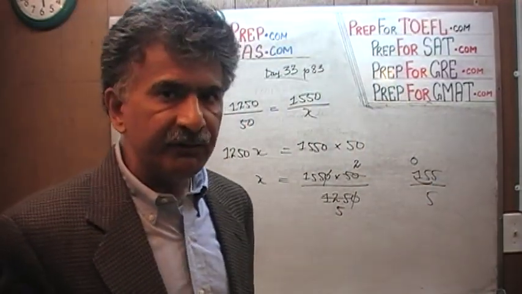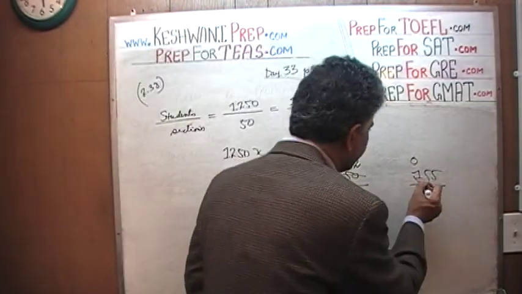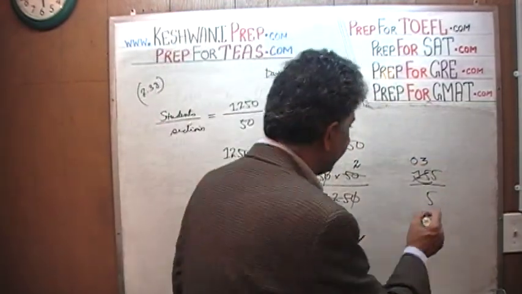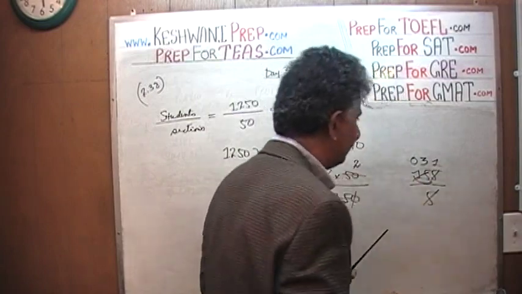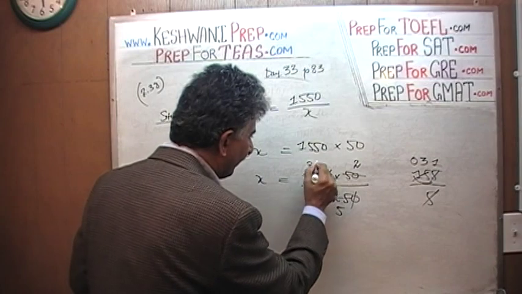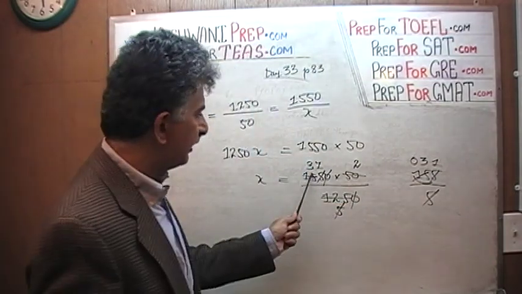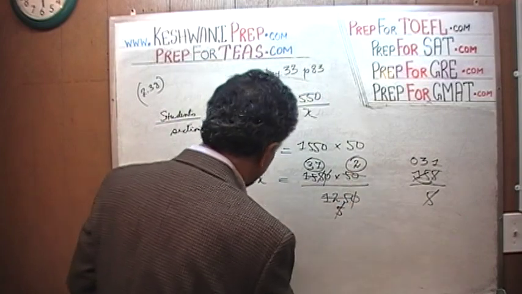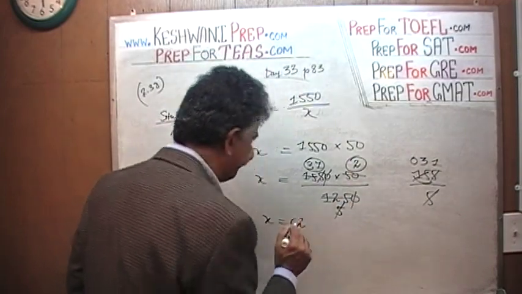How many 5s in a 15? 15 has 3 5s. How many 5s in a 5? 5 has 1 5. And that knocks out this 0. So it's 31 times 2, and the answer is x is equal to 62.